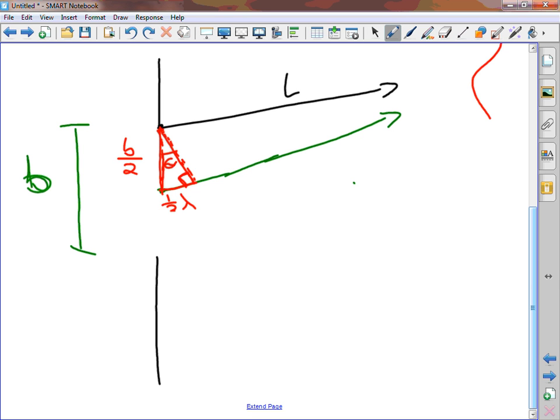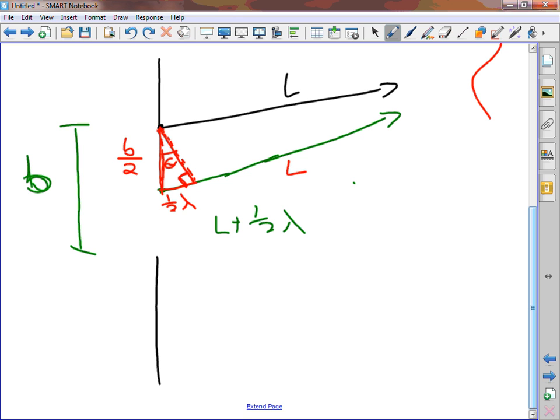This entire length is L plus 1/2 lambda, so that piece is going to be 1/2 lambda, and this piece over there is going to be L. Are you okay with this? So we're deriving the basic equation that you're going to end up using in all these problems. You have to see the derivation because you have to be able to explain path difference.